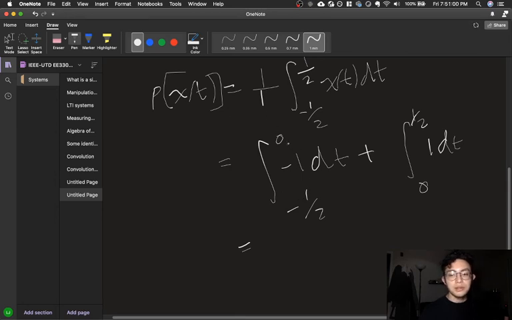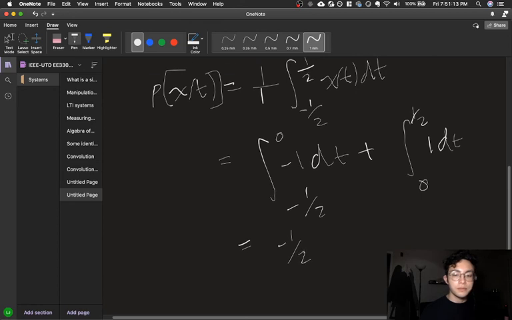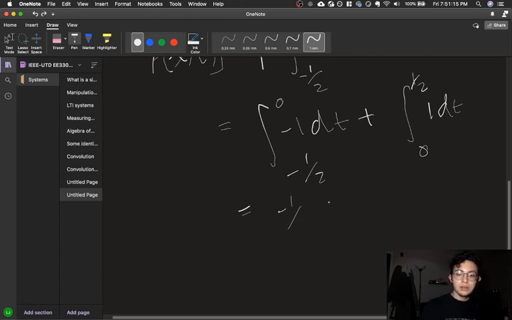Yeah, so this integral will be -1 times the integral from 0 to -1/2. We know that if we flip it, if we do 1/2, it'll be 1/2. I'll just go ahead and do it negative.